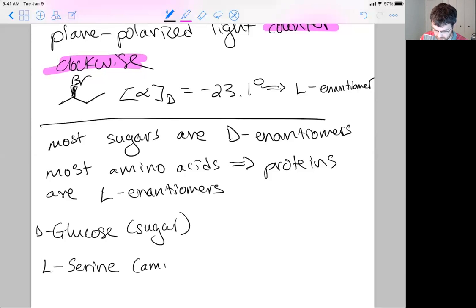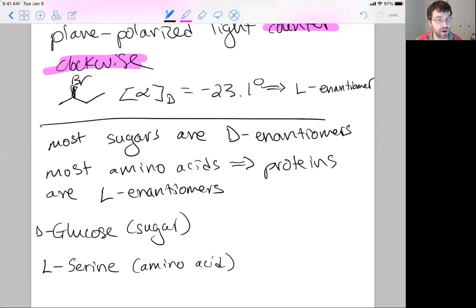Again, this is an amino acid. We use amino acids to build proteins. We use sugars or simple carbohydrates to build polysaccharides, or excuse me, complex carbohydrates. So this D and this L is a classic way of labeling molecules instead of using the plus or the minus. You would see this on a lot of chemical bottles.